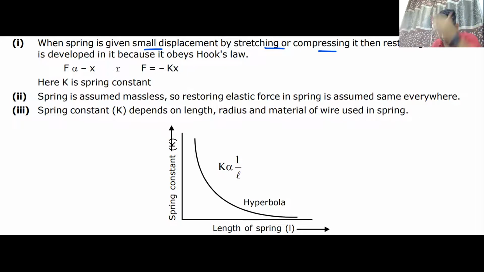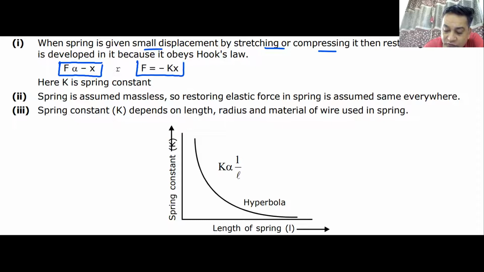If you extend, the spring will start to pull the block back, and the force with which the spring pulls the block, we have found out that it is proportional to the negative of the displacement. The negative sign indicates that if the displacement is towards right, force is towards left. If the displacement is towards left, force is towards right.